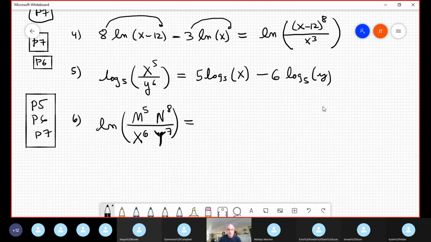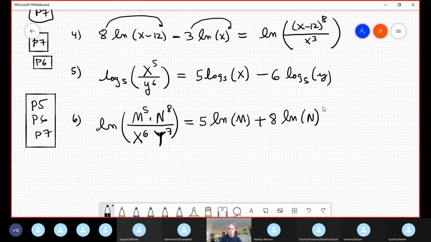Because we have exponents, the exponent goes to the front. So the first one is m, 5 ln of m, plus, because of multiplication here, 8 ln of m. Now the rest is division.